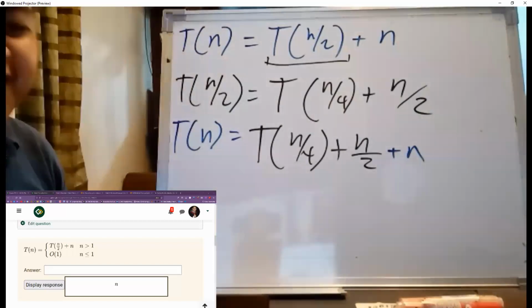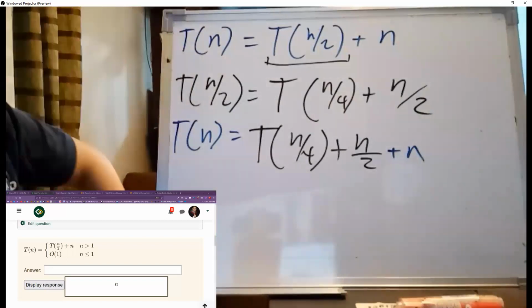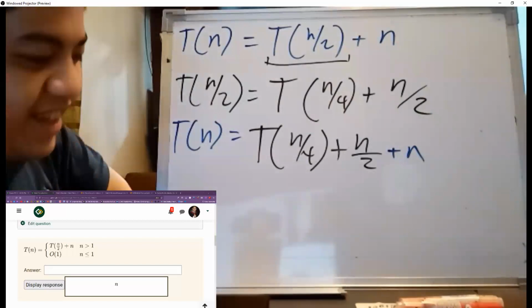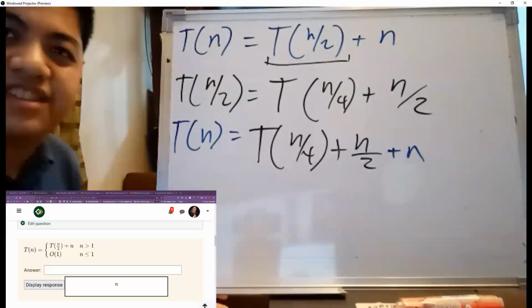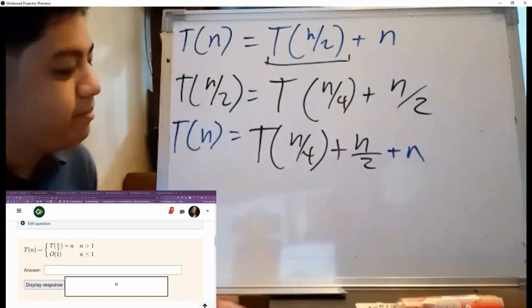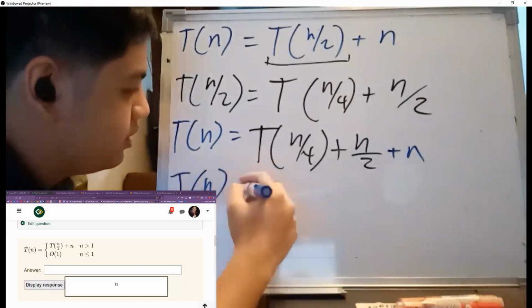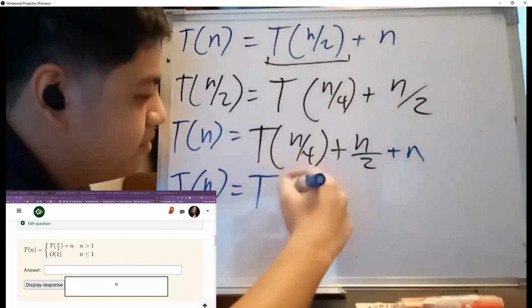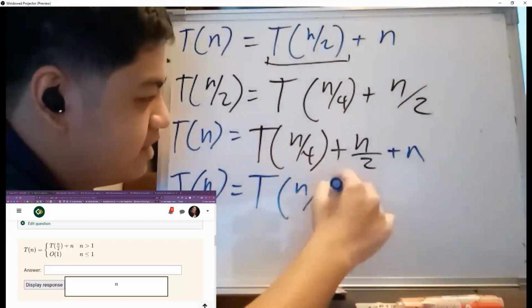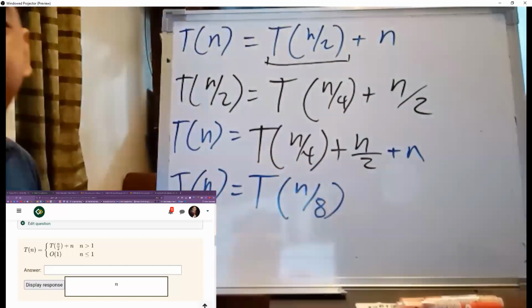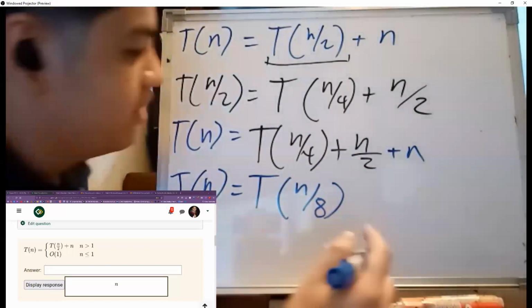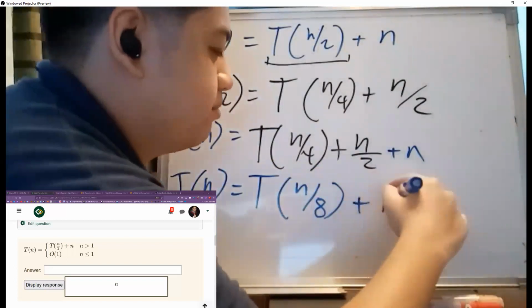Then eventually, pag in-expand natin siya ng isa pang step, we should be able to deduce na yung nandito sa loob ang matitira is N over 8. And yung ating term dito sa right side is another term, the N.